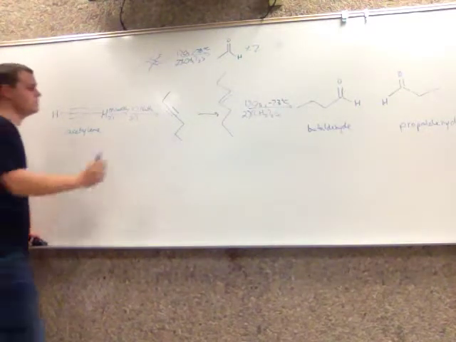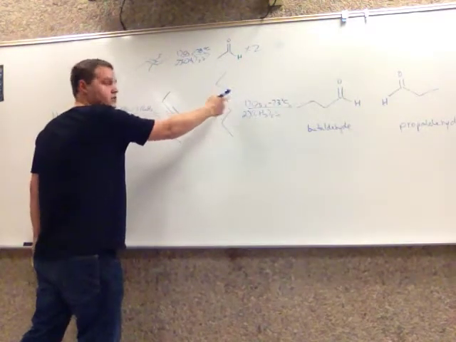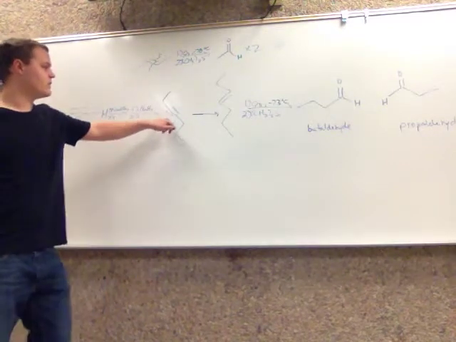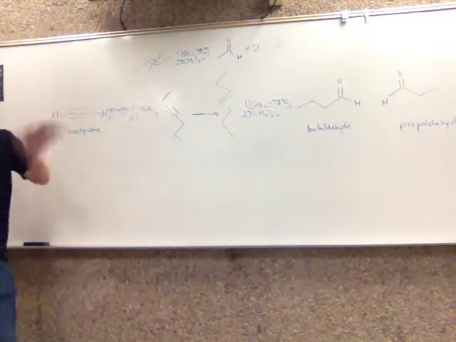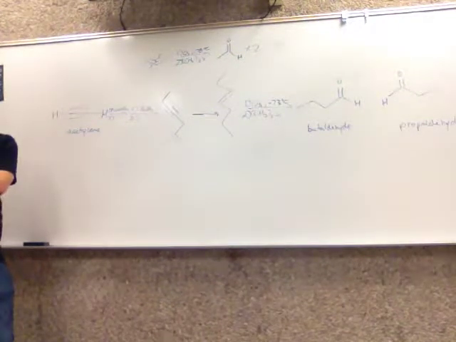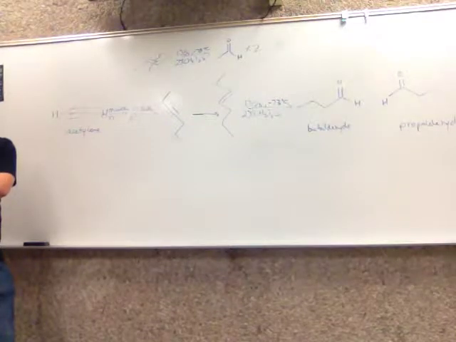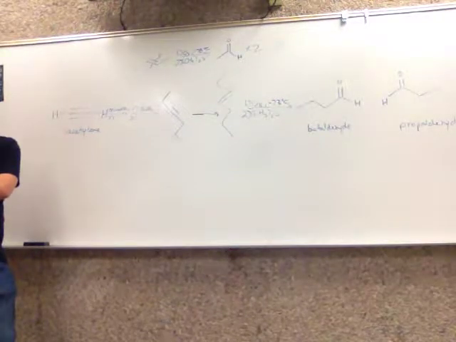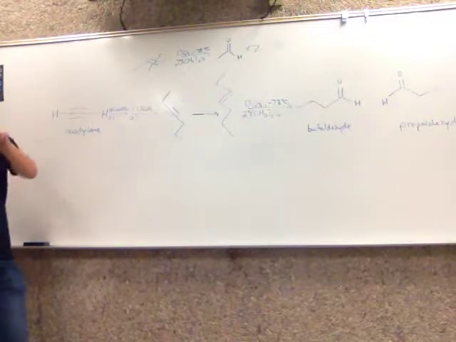So, assuming that our alkene came from our alkyne, what did we do to get that? To just reduce the triple bond down to a double bond. What reaction did you do that? That's one of them. There you go.